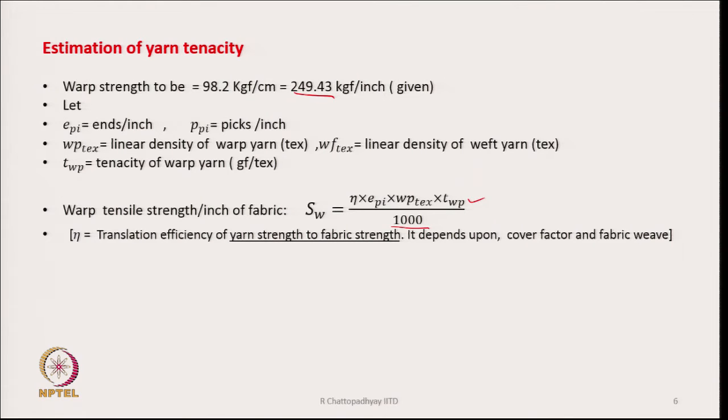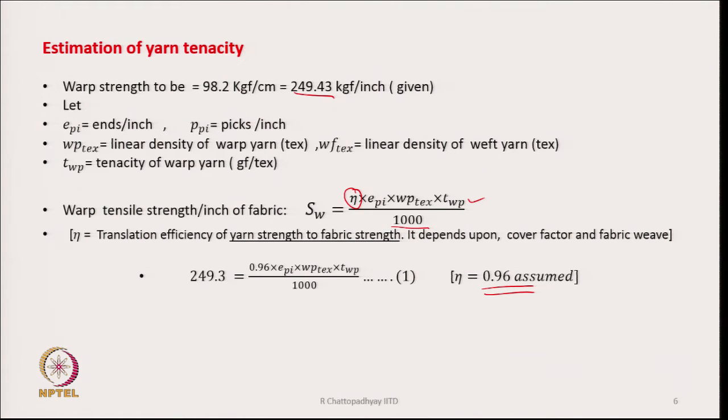And there is an eta here, it is the translation efficiency of yarn strength to fabric strength, and this value depends upon the cover factor and fabric weave. So, this is the value we need to assume. We have assumed a value 0.96, and now how do I assume certain values? For that we have to actually search certain literatures, we have to consult some books.